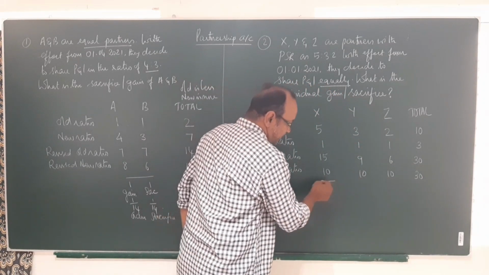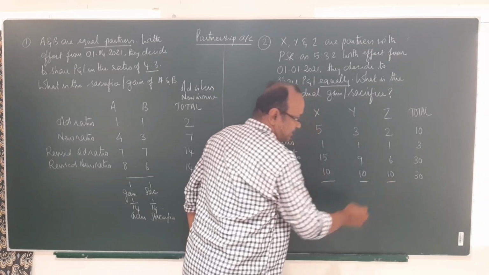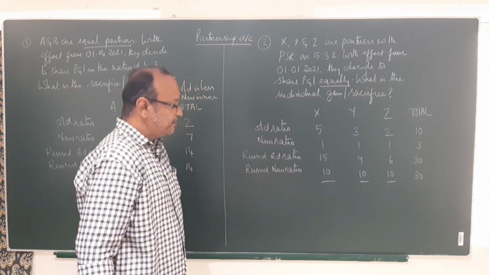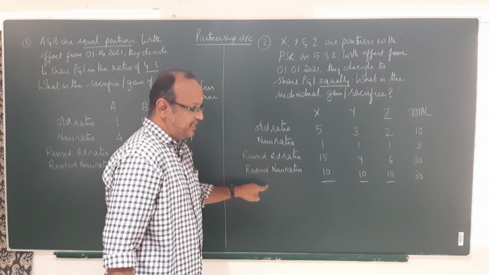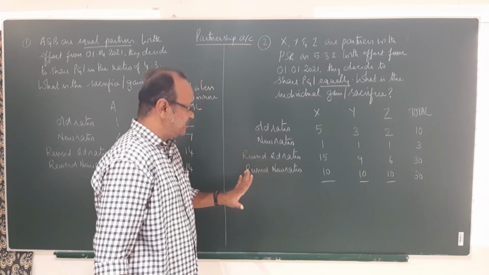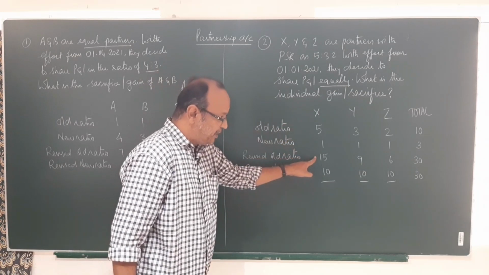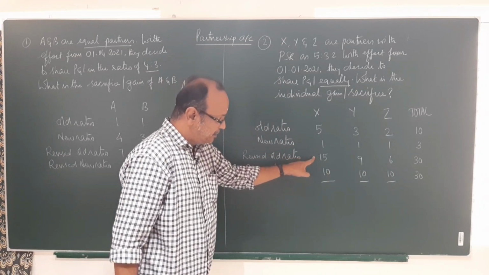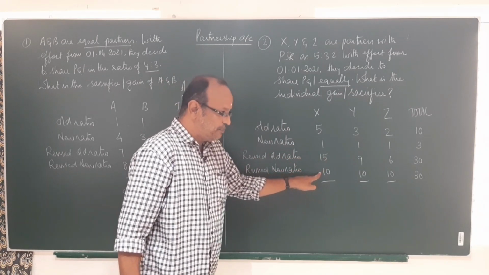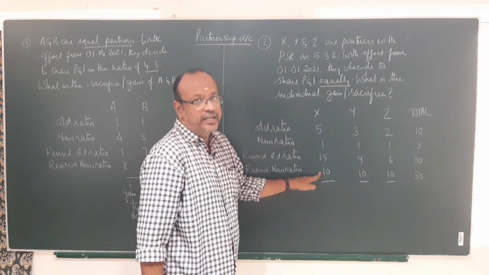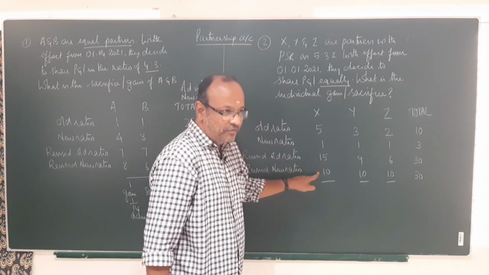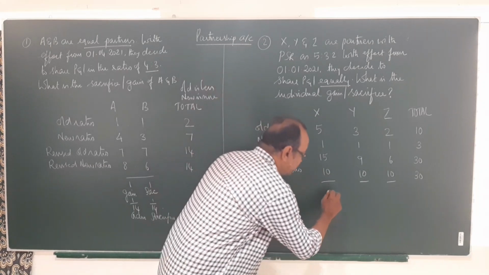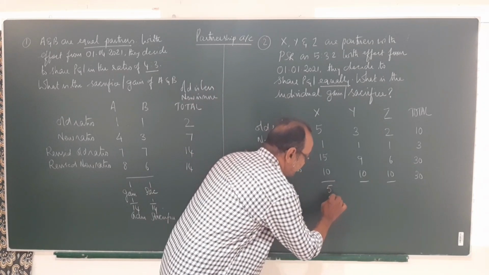Now, the next step is our answer. What is it? If old is more and new is less, we have got a sacrifice. X was getting 15 earlier. Now, with the change in the profit sharing ratio, he will get only 10. 15 he was getting, 10 he will get now. So, 5 he is sacrificing.